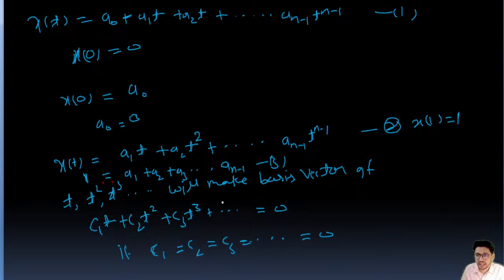If we take this condition, C1 plus C2 plus C3 and so on should be 0. But here we can see A1 plus A2 plus A3 and so on up to A n minus 1, this sum is not 0. This gives the value 1, right? So this statement contradicts equation 3. So it means it will not constitute a vector space.